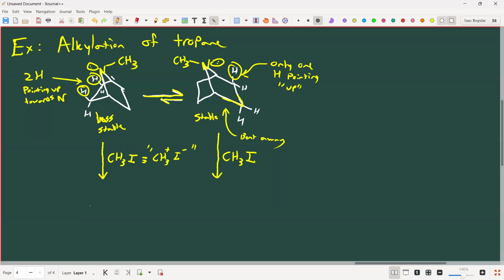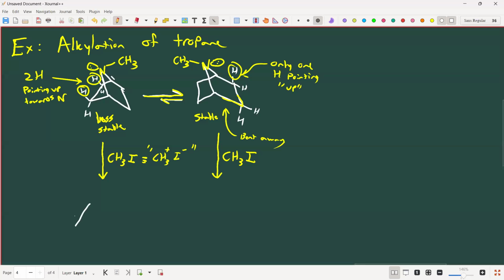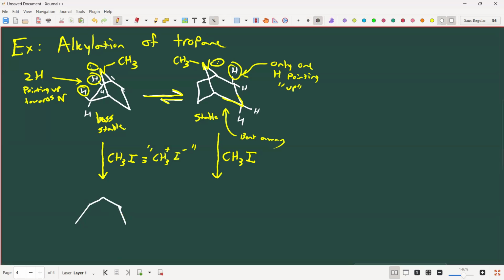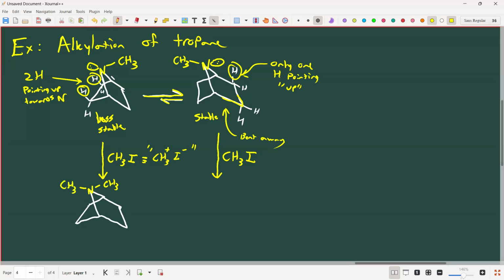And so what you end up getting as your products, let me erase this, I'm trying to get it right. There we go. We put the nitrogen here, and now you have a dimethylated nitrogen, like so.